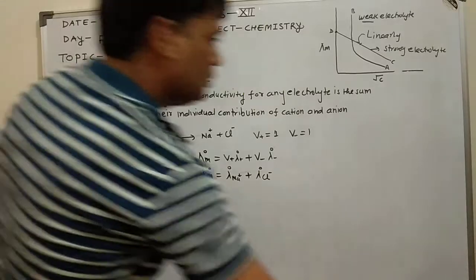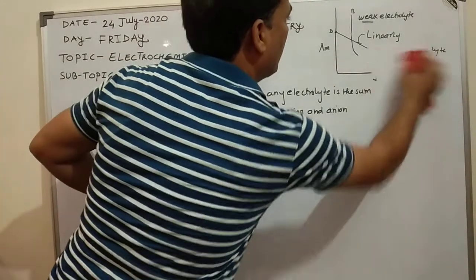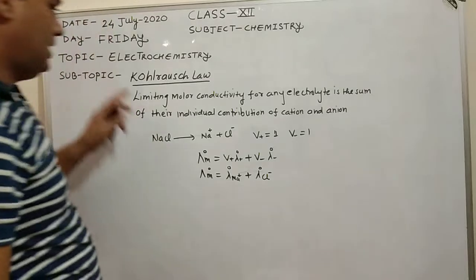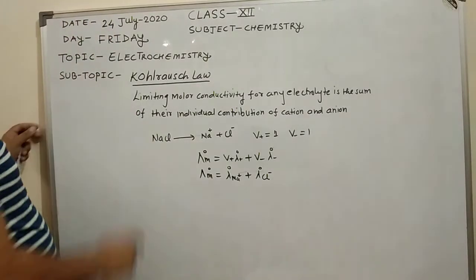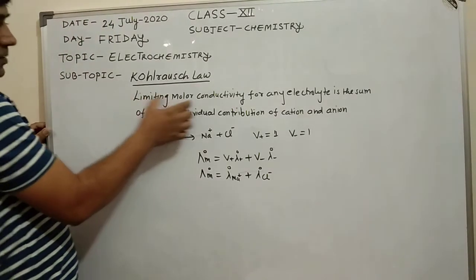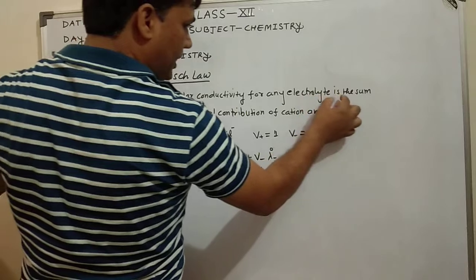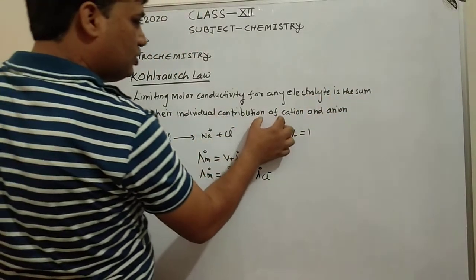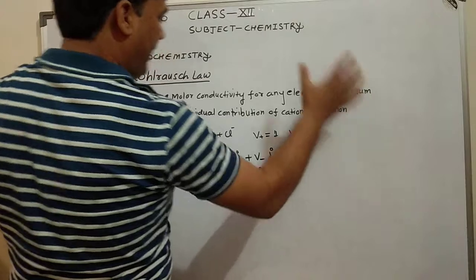Okay, so the next topic is Kohlrausch's law. First of all, what is Kohlrausch's law? Kohlrausch's law may be defined as: limiting molar conductivity for any electrolyte is the sum of the individual contributions of cation and anion.